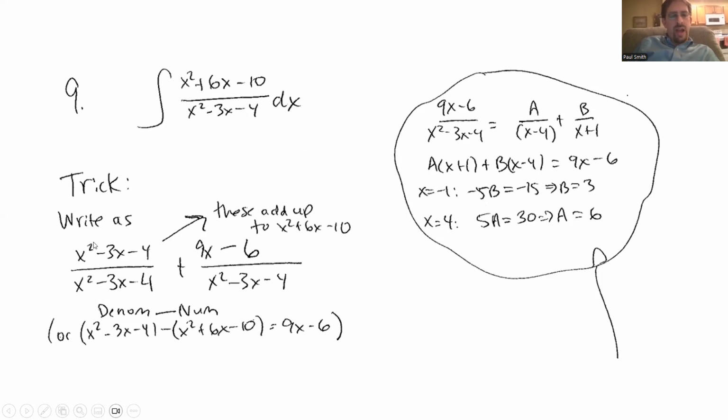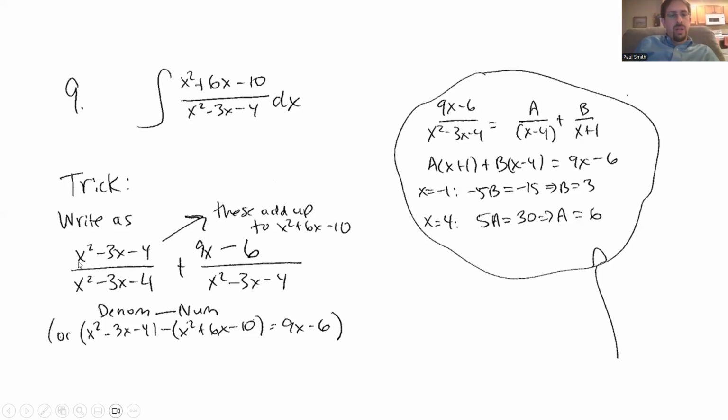One part of the fraction we're going to write as the denominator over the denominator. So in other words, x squared minus 3x minus 4 over x squared minus 3x minus 4. And then for the second fraction, we need to figure out how we can add the two numerators up to get x squared plus 6x minus 10, which is the numerator that we want.